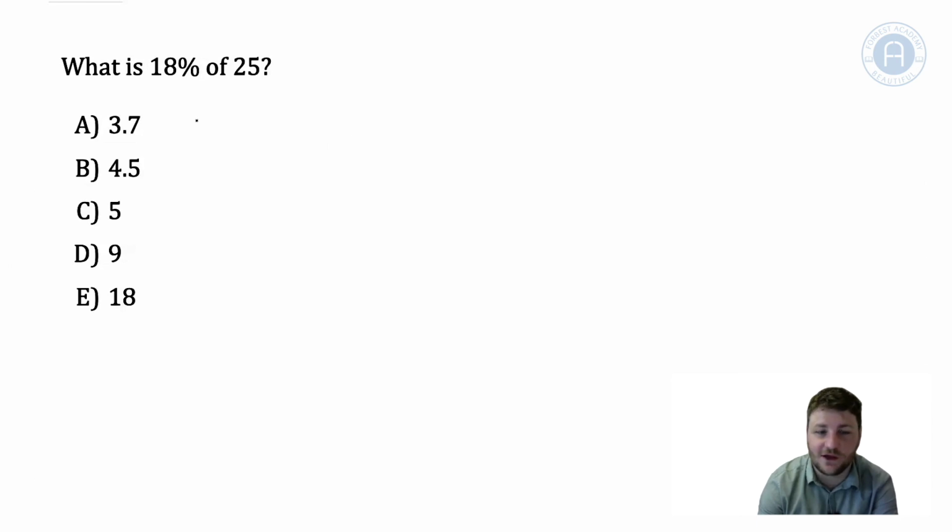I'm going to use the equivalent fractions method, I think, for this one. And part of this will be learning which method suits you, which method is appropriate for each question. I'll start off using the equivalent fractions method, but we'll look at the other methods as well. So 18 out of 100 is equal to something out of 25.